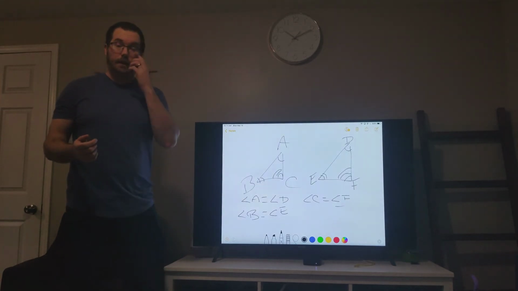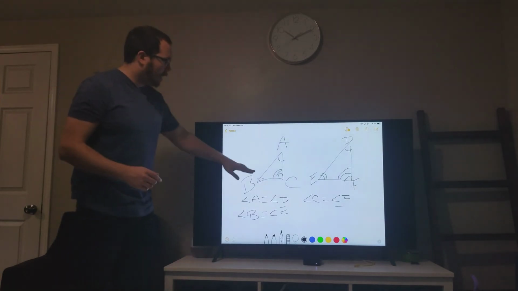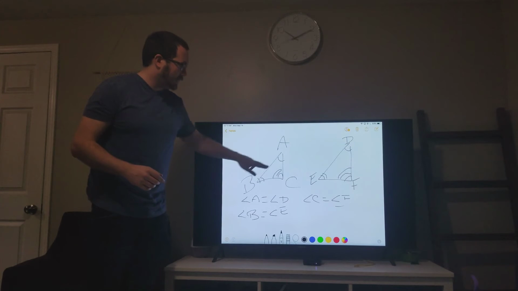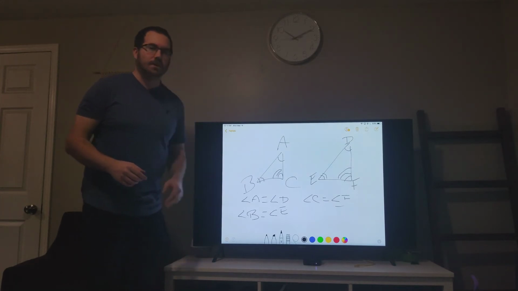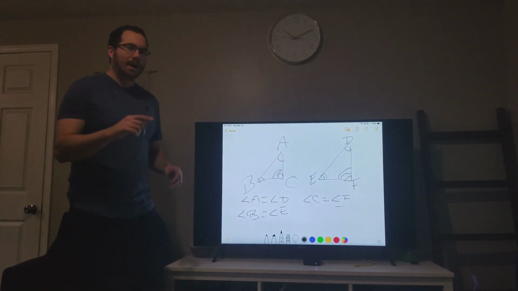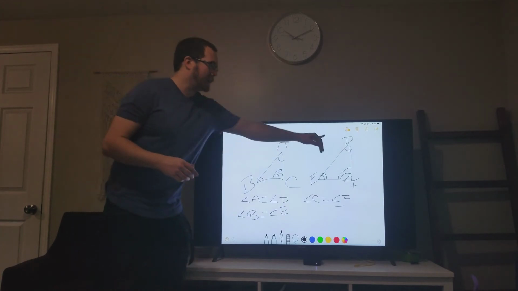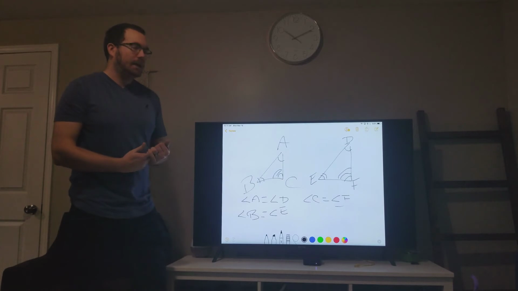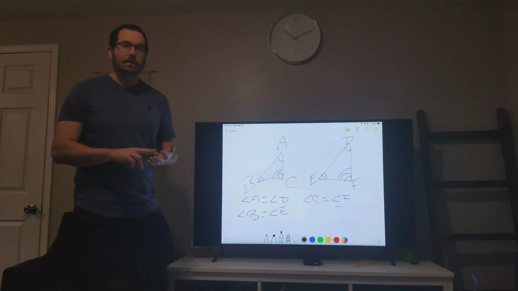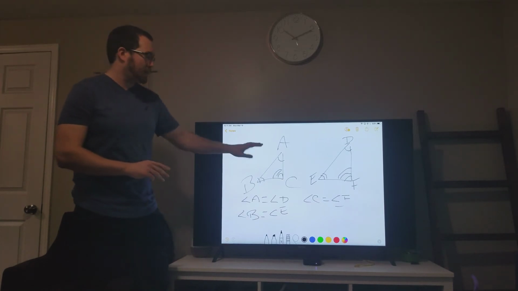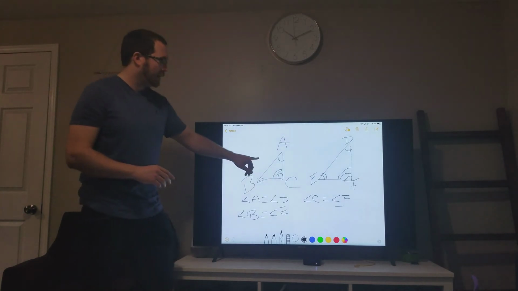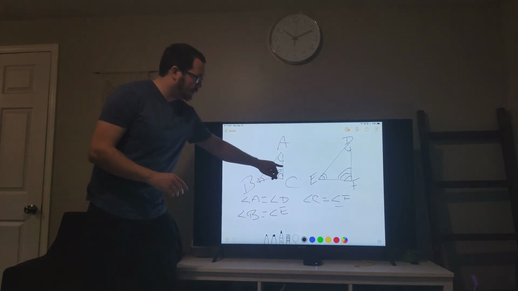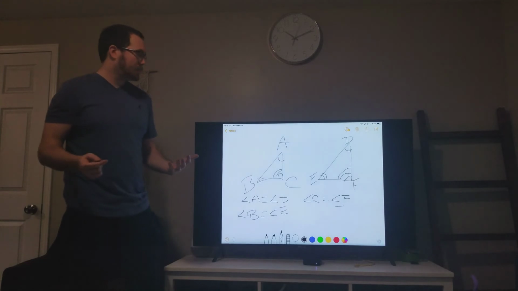This time around, we're going to use special symbols. For our angles, we used little curved lines in the angle to match up which one went with which. For side lengths, we use either a single, a double, or even sometimes a triple line going through the side, depending on how many side lengths we have, to start matching them up as well.